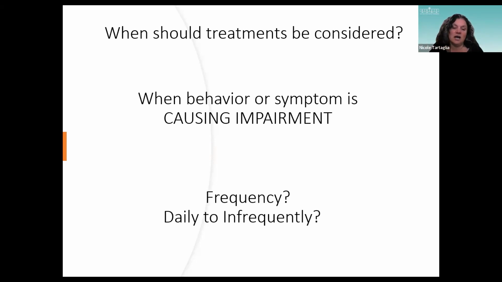A lot of times I'm also asked, how frequently does it have to be causing impairment? I think that's very different for different people. Does it have to be causing impairment multiple times per day across multiple settings?